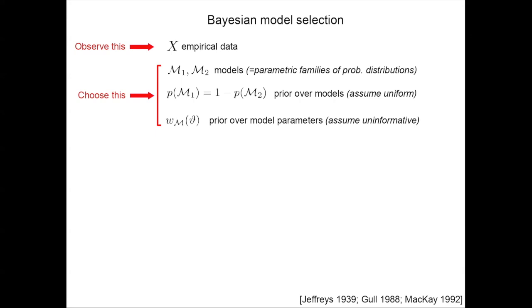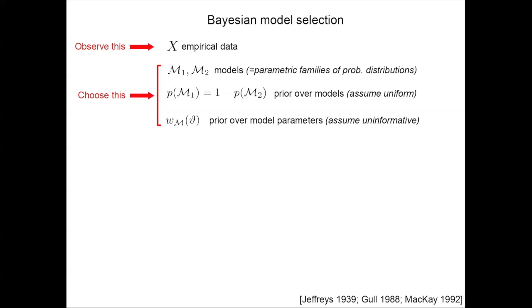We need to select a prior for the parameters of each model, which we're going to take uninformative here. I'm not going to dig too much into what this means. Let's just say that we're putting priors over the parameters of the models that essentially mean we assume that we don't know very much about these parameters.